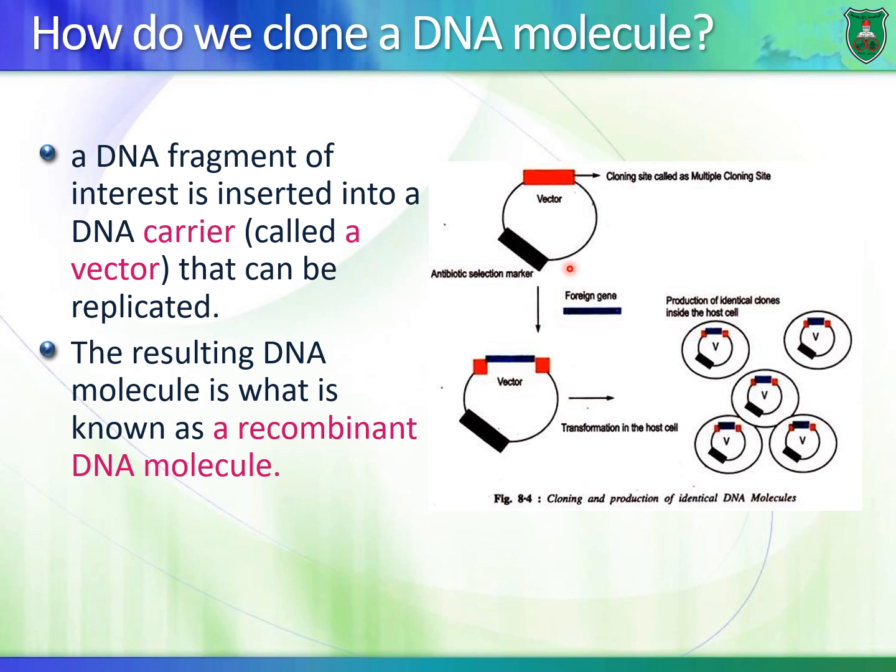Okay. Now, we take a plasmid and we insert the DNA fragment inside the plasmid. Now, we have a DNA molecule having two different independent pieces of DNA integrated or ligated to each other. This is known as a recombinant DNA molecule.